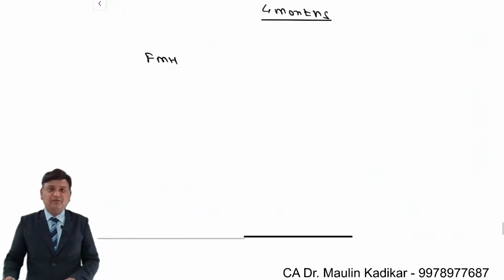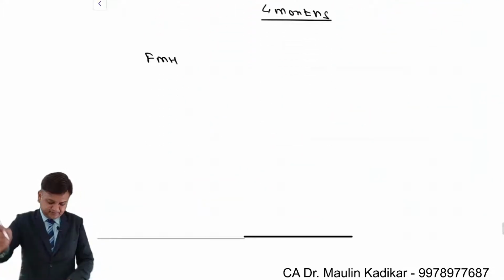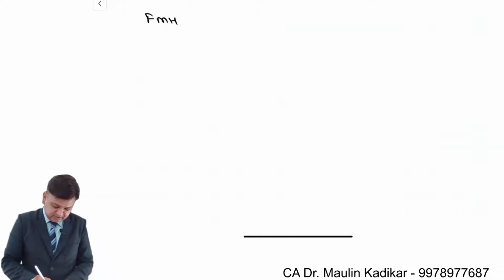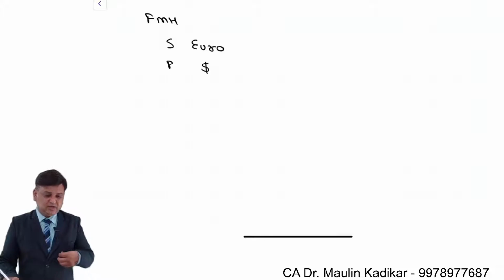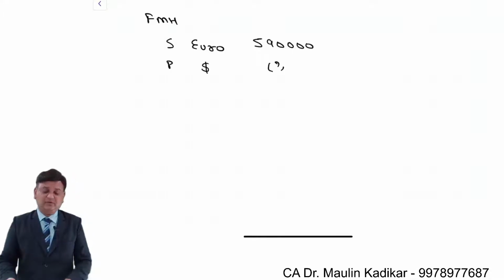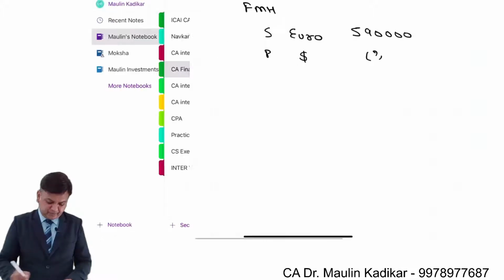Now let us see the 4 months forward market hedge. We understand that the forward market hedge will mean sell of euro and purchase of United States dollar. The amount of the consideration is 5,90,000 euro, and that will fetch you this amount of dollar. Okay.